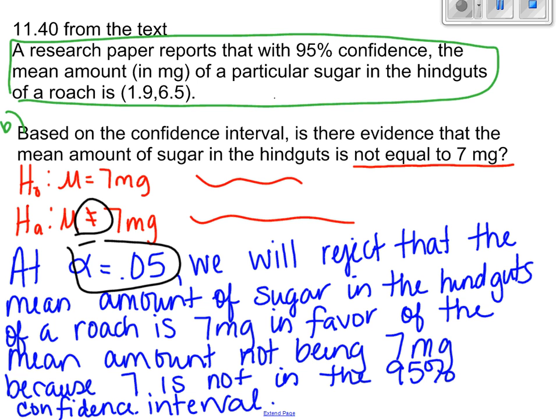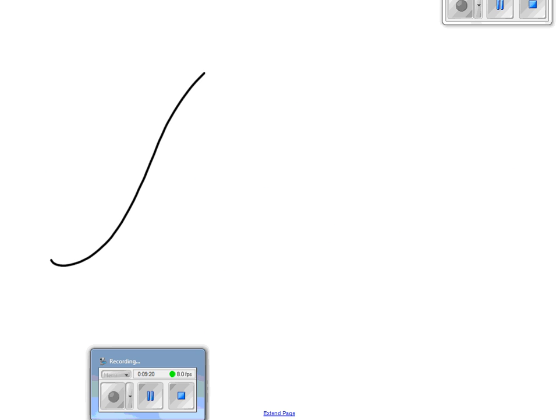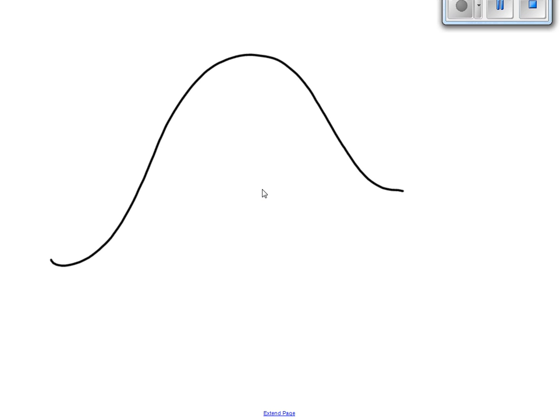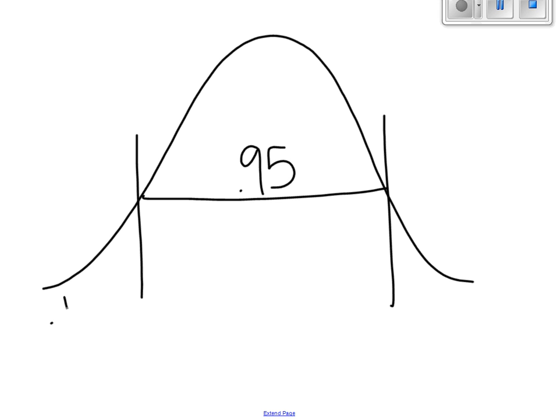So remember, graphically, if I was going to do this, which I don't have to, this is just the concept behind it. Graphically, in this case, I have a normal distribution, and this one is a 95% confidence. So that means there's 2.5% in each tail.